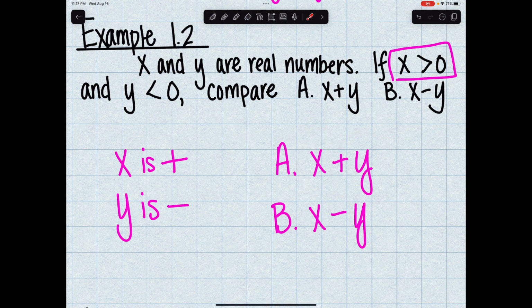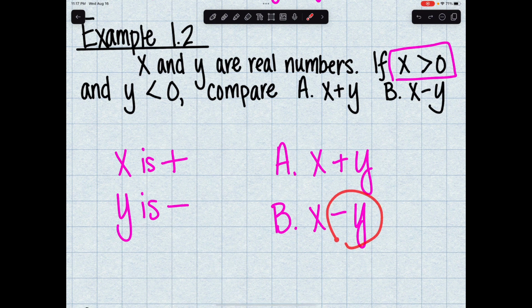You're going to end up with something that's less than X, right? Something that's less than X, because you're going to end up subtracting a number. Does that make sense? Now let's think about B. What happens if you subtract a negative number? If you subtract a negative number, that's the same as adding a positive number.